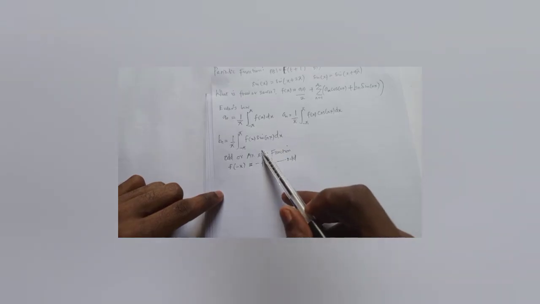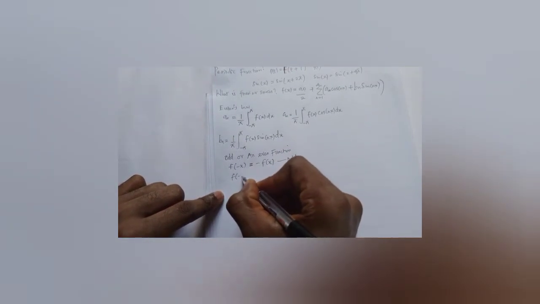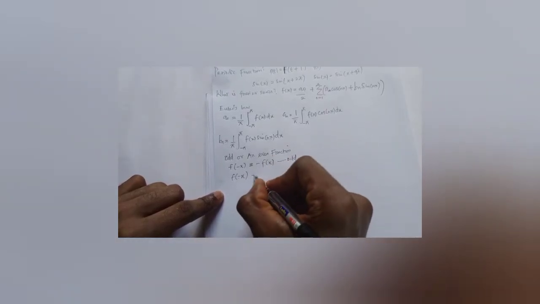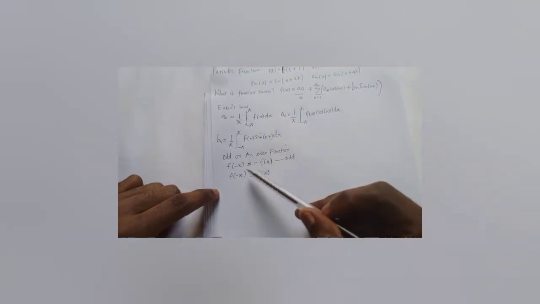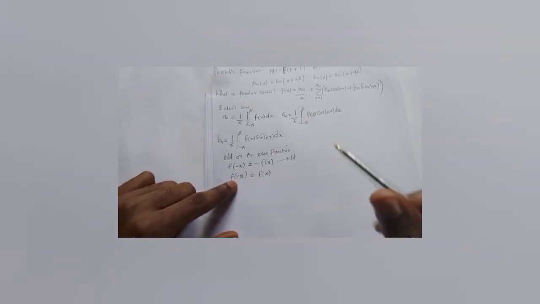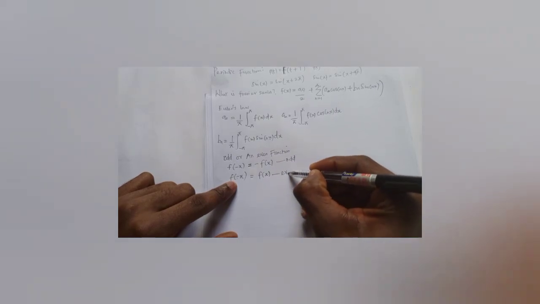Now, what does it mean for a function to be even? A function is even if the input is a negative number but the output is a positive number, which means that the negative input does not affect the output. We call this type of function an even function.